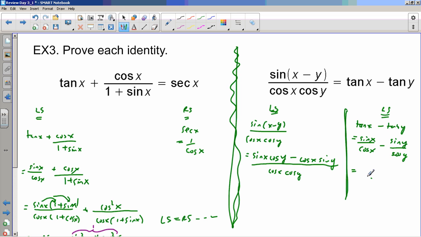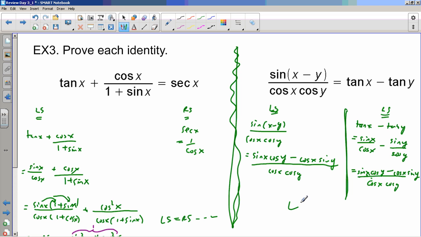Absolutely. So here, common denominator is the only step I need. This gets multiplied up here, sine x cos y, minus, I wrote down the minus sign, running out of room. Can I squish this in? I hope so. Cos x sine y.